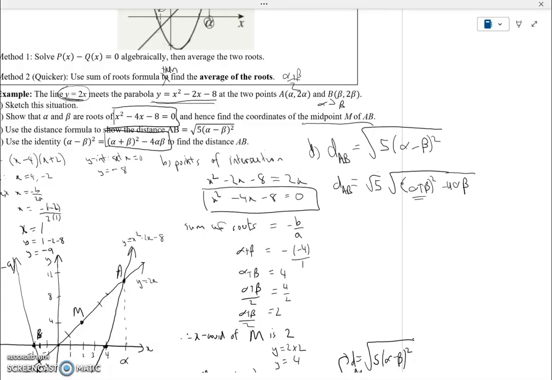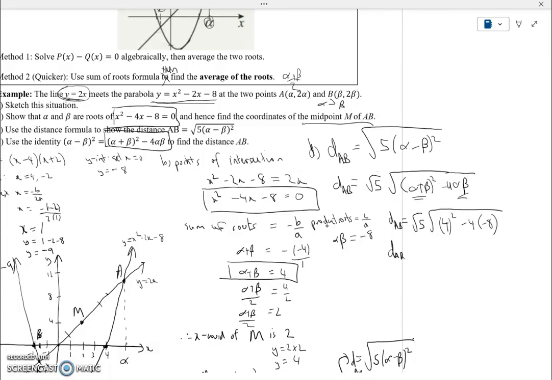Now, this is just the sum of roots. This is just the product of roots. So the sum of the roots was 4. If you do the product of roots, c on a should be -8. So alpha beta should equal -8. Okay, so sub in. So 4 squared minus 4 times -8.